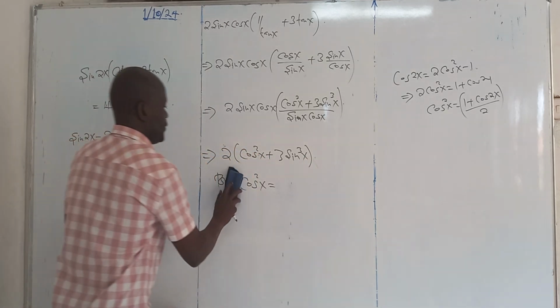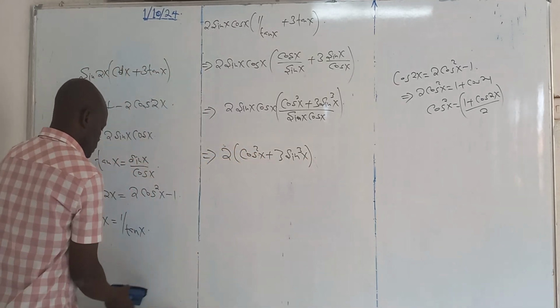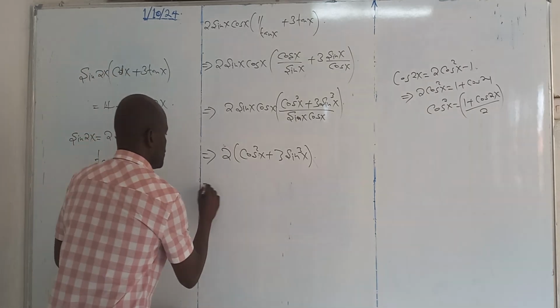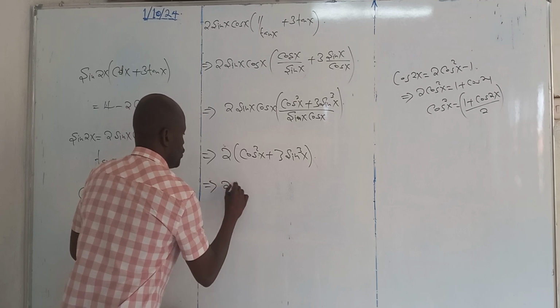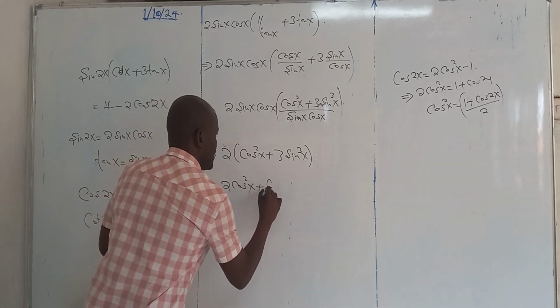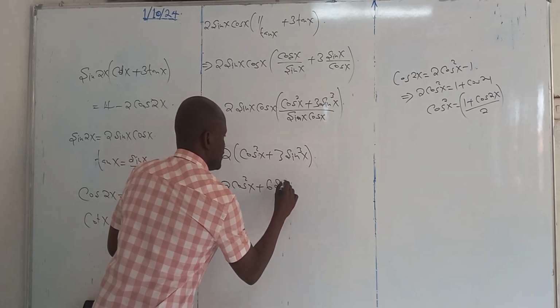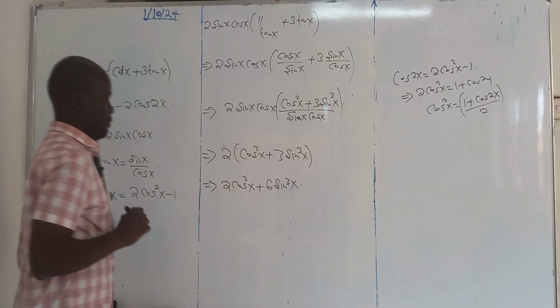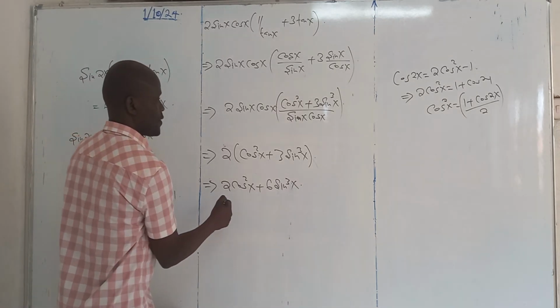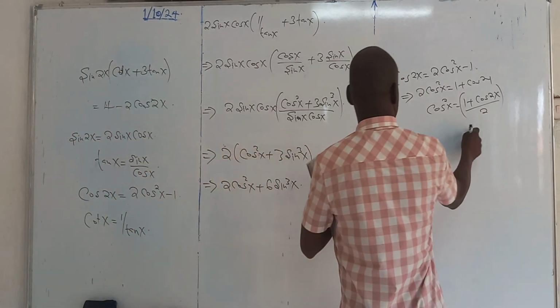So I will say if I open the bracket, this will be 2 cos squared x plus 6 sin cubed x. But now I want to rewrite this in this form.